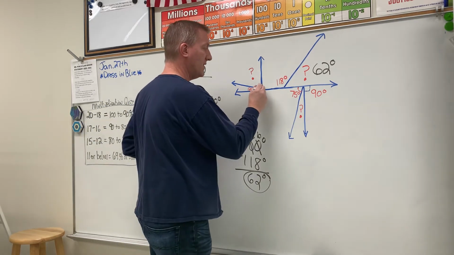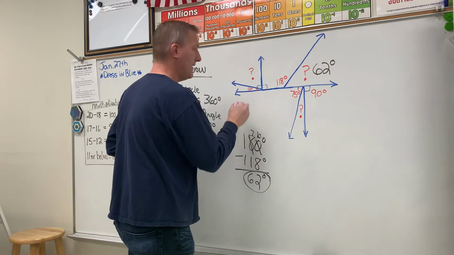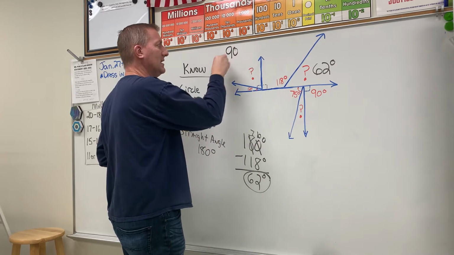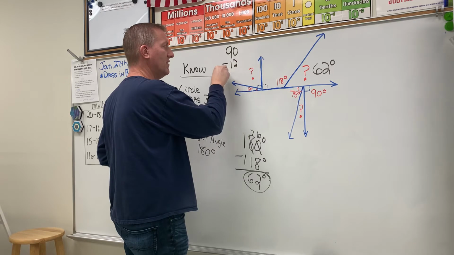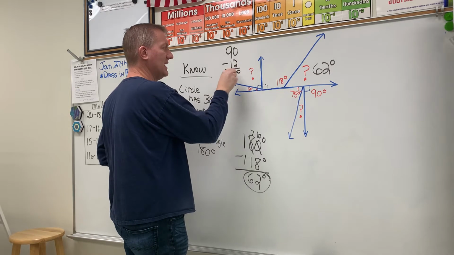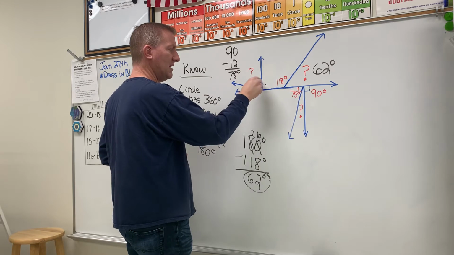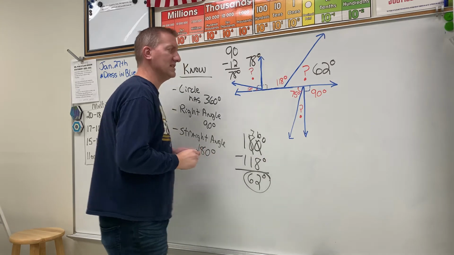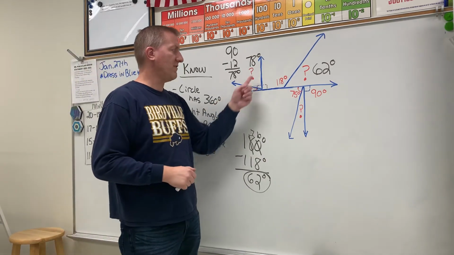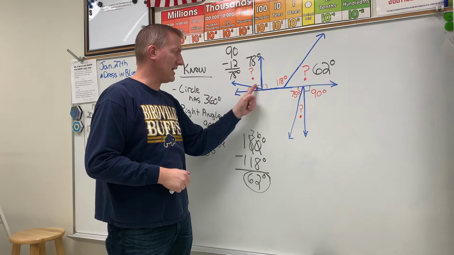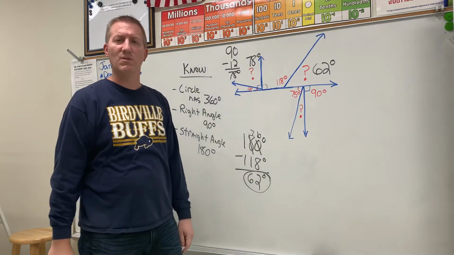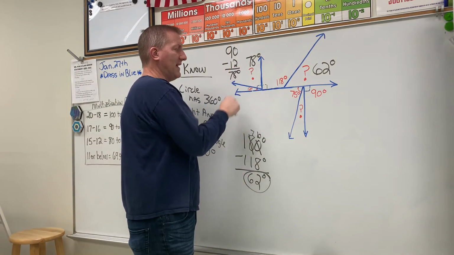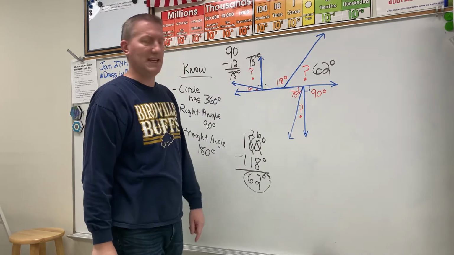So this right here would be 90 minus 12, which is 78. So this angle, where the question mark is, is 78 degrees. We know that's 90 because it had the little box in the corner, so we subtract out the 12, and that gets us our answer of 78.